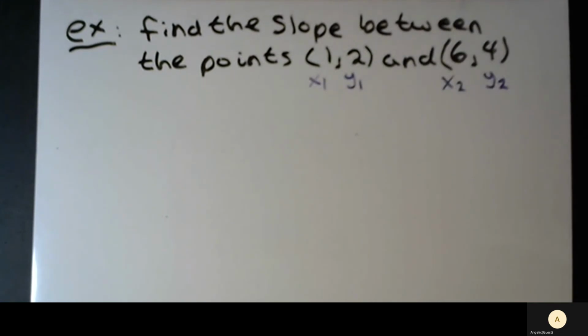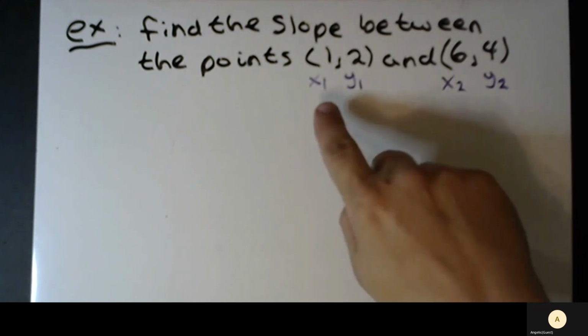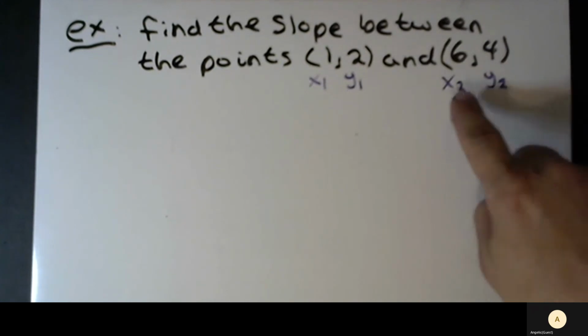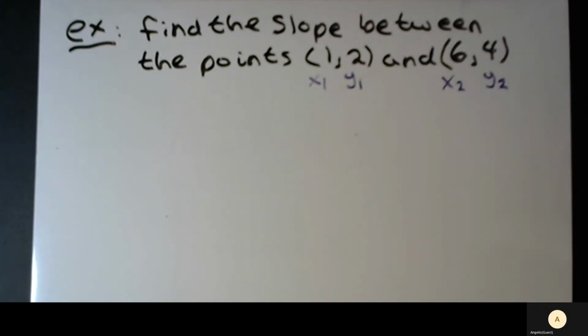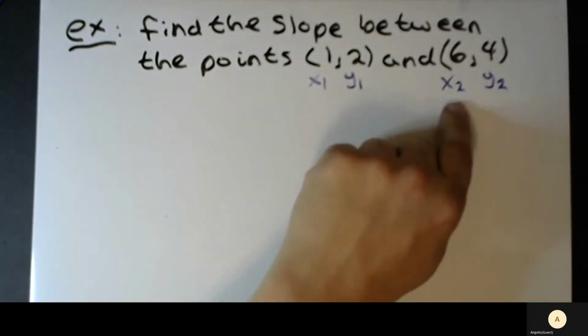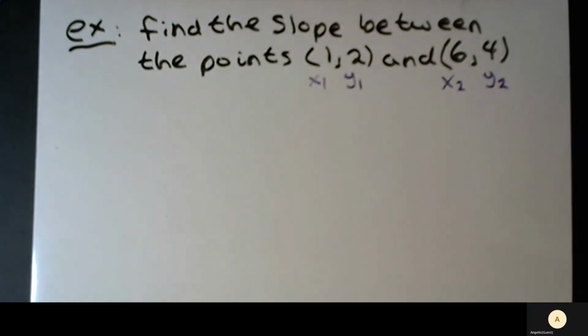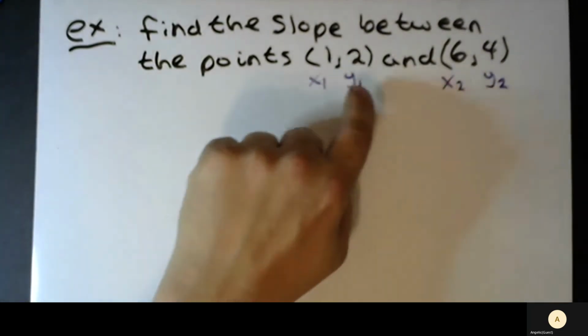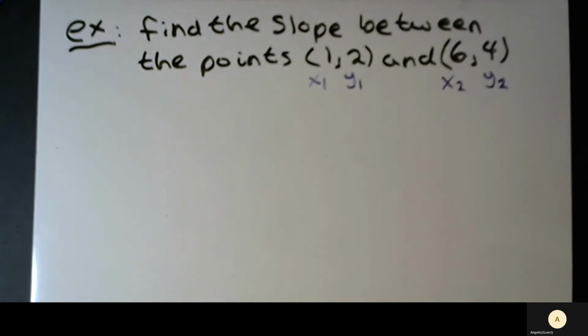That would be perfectly fine. What you don't want to do, what would make the formula not work, is if you mix up the subscripts, like x1, y2, or y1, x2. But if you kept it consistent, this will be fine.